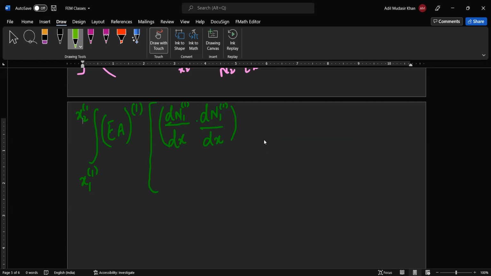We are writing everything now in the form of a matrix, both the previous two equations, that is here dn1 by dx. The previous two equations we are writing in matrix form now.